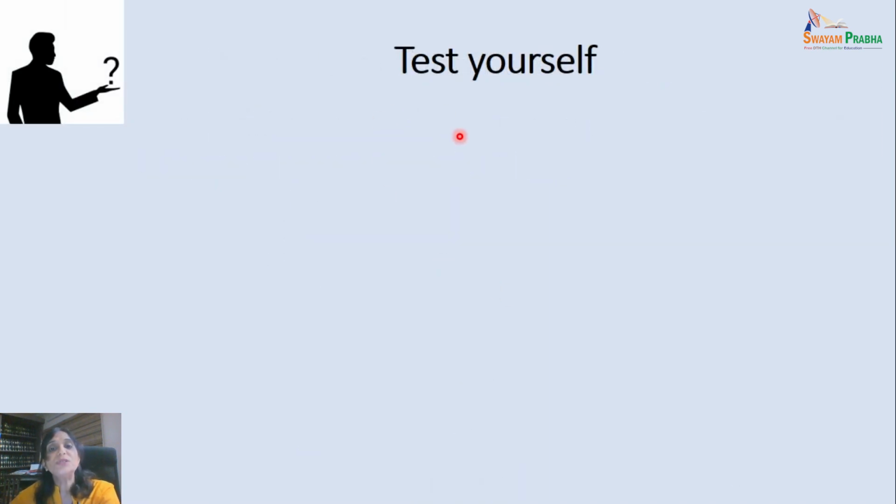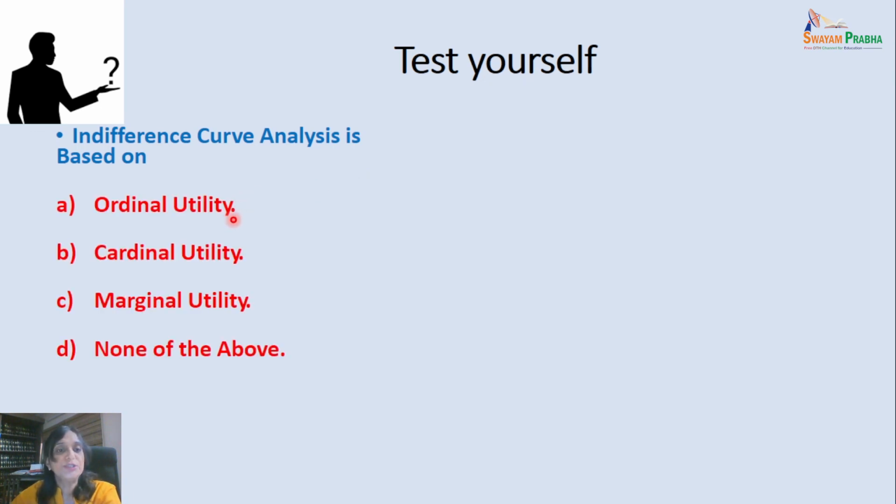So, let us do a small quiz for whatever we have done till now. The first question I am posing to you is, what is indifference curve analysis based on? Ordinal utility, cardinal utility, marginal utility, or none of these?